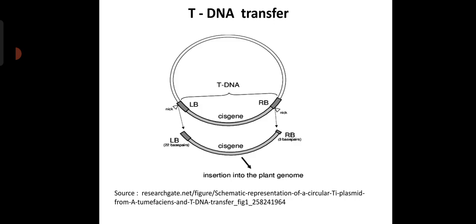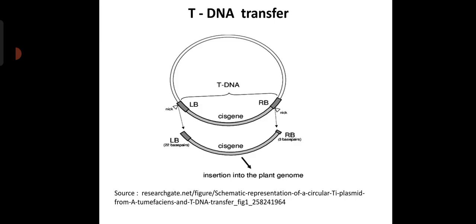By altering the Ti plasmid's tDNA section and substituting desired genes between the repeats, the left and the right border regions, Agrobacterium can carry out genetic transformation. The transgenes can come from one plant species or from unrelated sources.